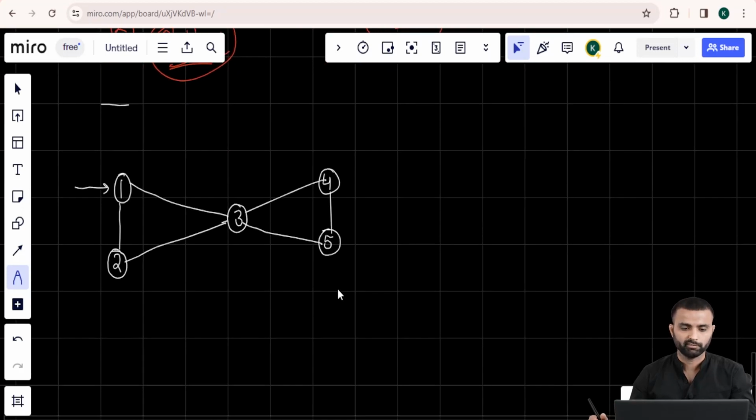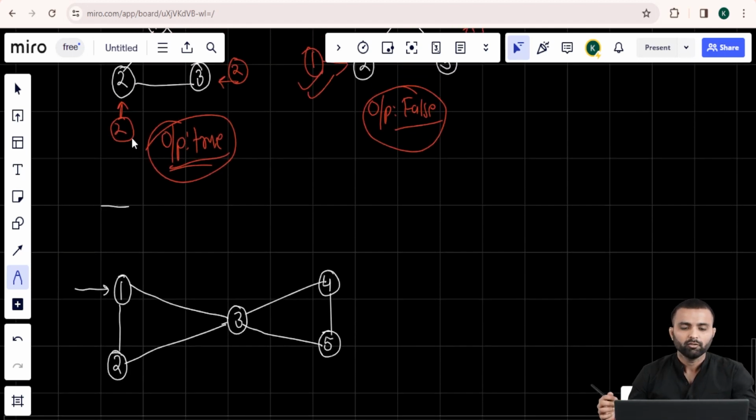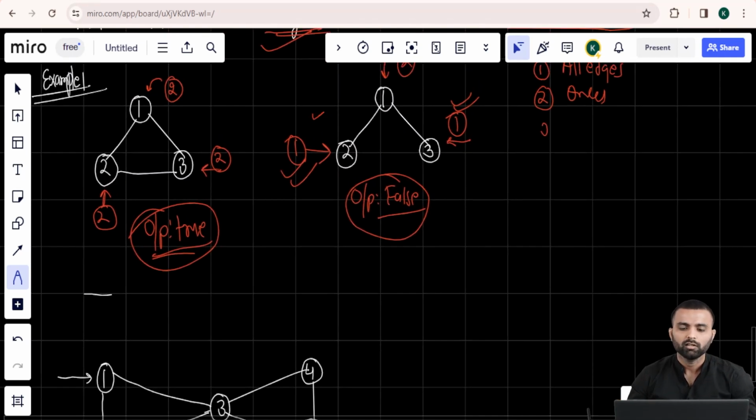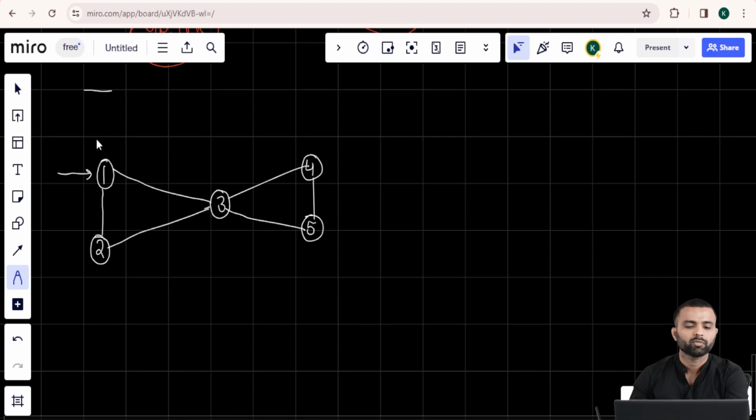Now let's check this case, checking the degree. From this example, one question came to mind: is it even, or exactly 2? Let's check how it is even, not exactly 2. What's the degree of this? 2.